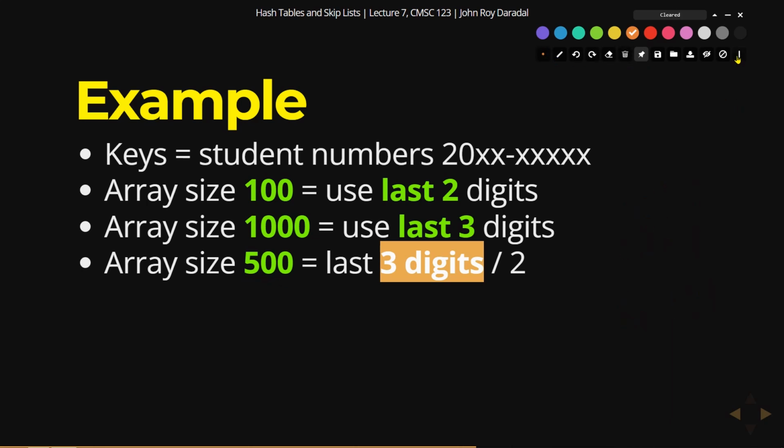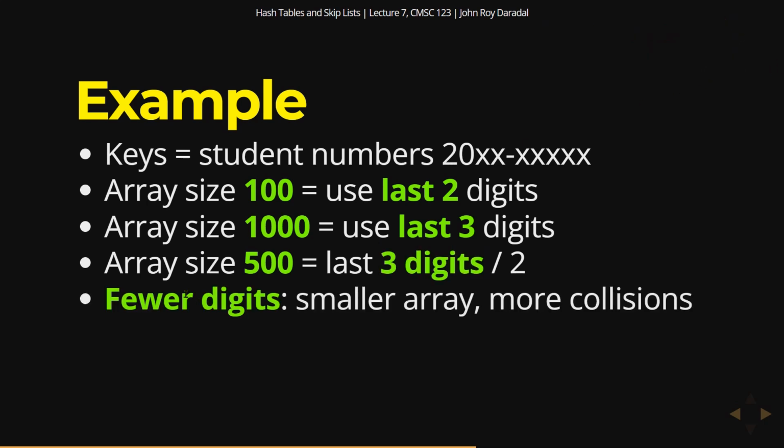And then, what is the time memory trade-off here? If you use fewer digits, like only 2 digits, then you can use a smaller array, but there is more chance of collision because you only have 00 to 99.